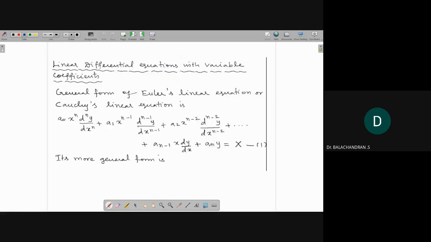I was planning to take the next section, linear differential equations with variable coefficients, today, but now the time is 4:15. It is better to take it coming Friday first hour, because this is a new section and I don't want to introduce it at the end of the day.